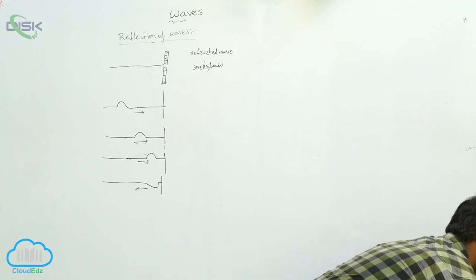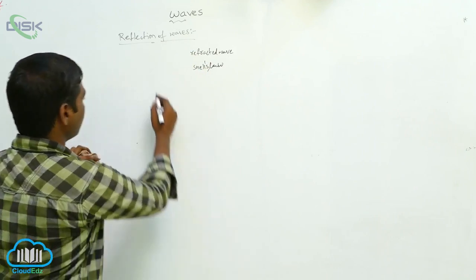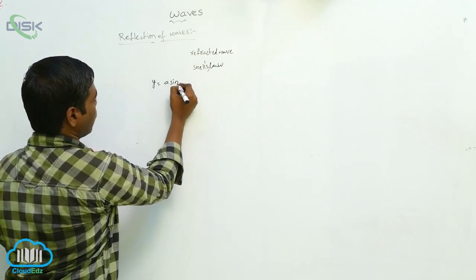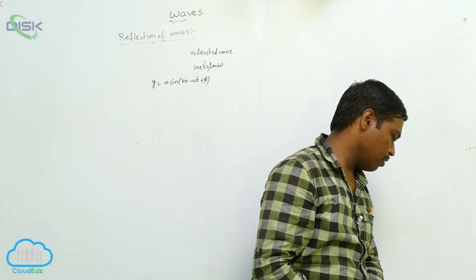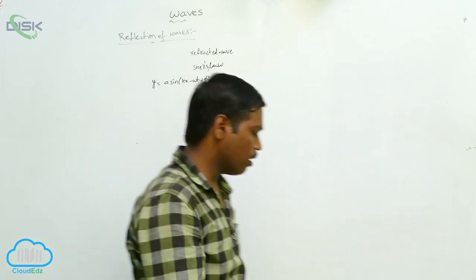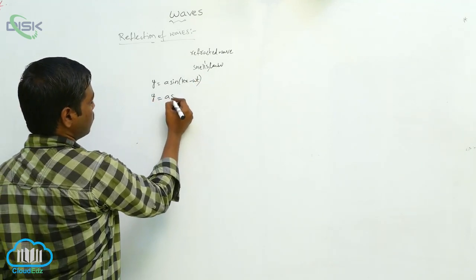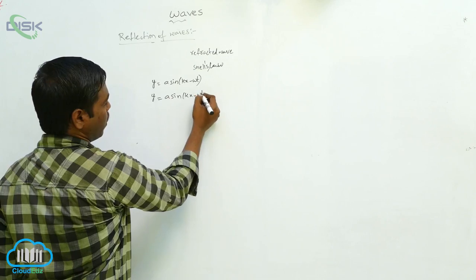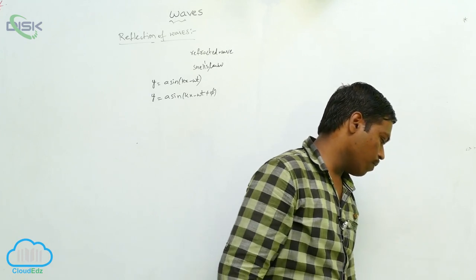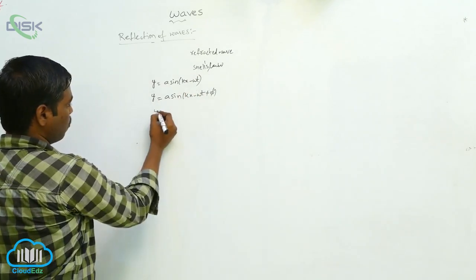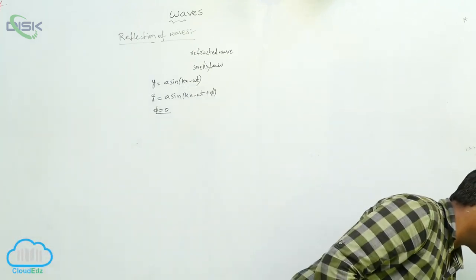For example, if we take the displacement relation y is equal to a sin(kx minus omega t plus phi), this is the wave. For the reflected wave, phi is equal to 0.